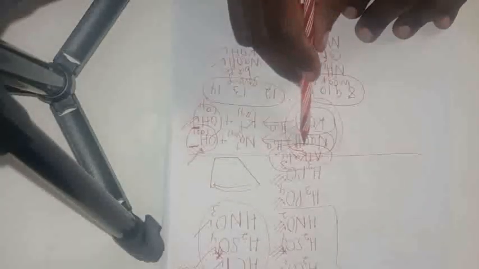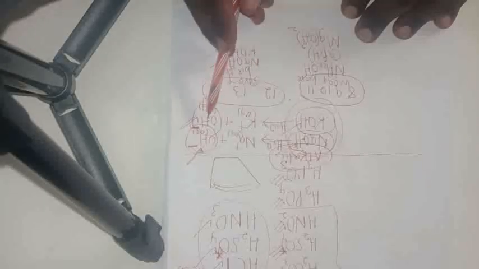When they dissolve in water, they give rise to sodium ions, potassium ions, and hydroxide ions. The hydroxide ions they are producing are of a higher concentration. So sodium hydroxide and potassium hydroxide ionize completely, ionize fully. Look at that, ionize wholly to give a higher concentration of hydroxide ions.